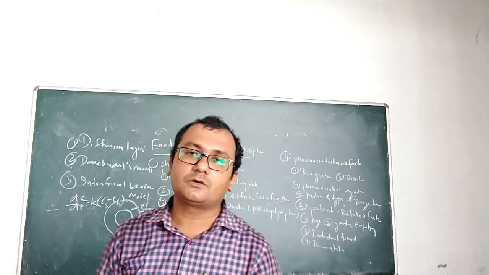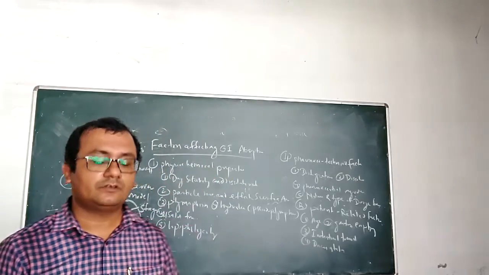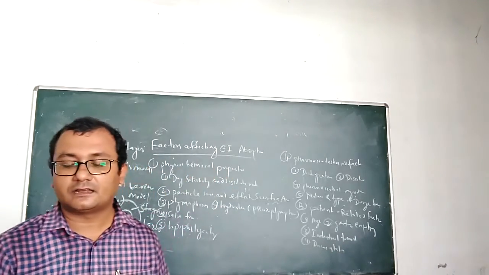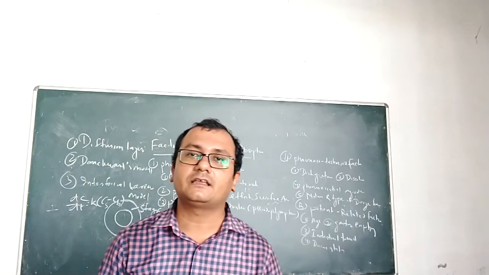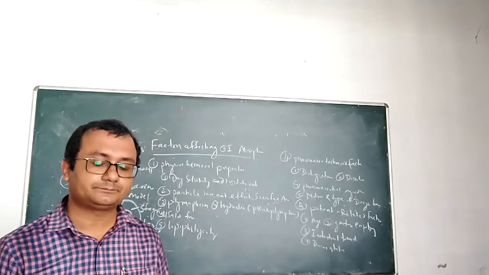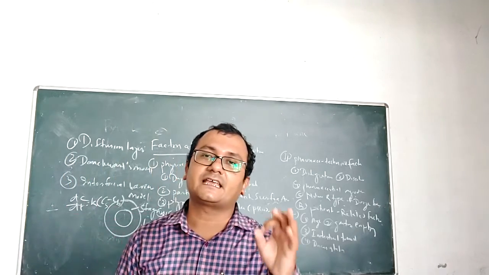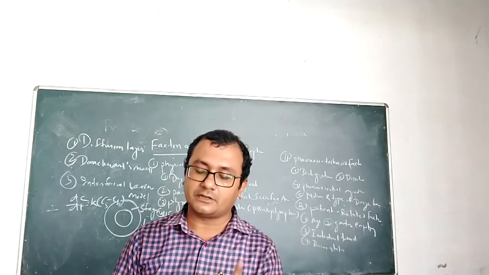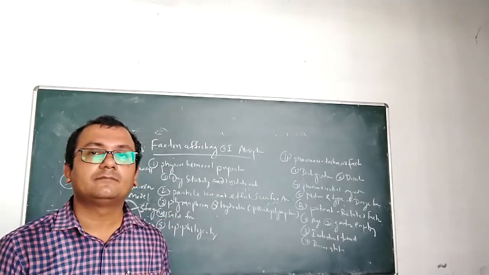Then coming to the coating of the tablets, we do different types of coating: enteric coating, sugar coating, and non-enteric film coating, to prevent different types of hazards. If you take enteric coating, the dissolution will be slower. Then sugar coating, then finally film coating.